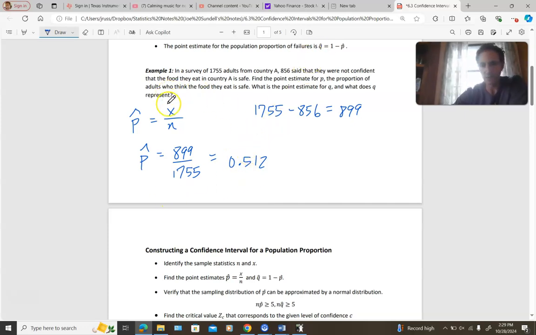You could say that, based on this sample, 51.2% of people from this country think that the food is safe. Now we know this is not the true percentage, but we could use this to figure out a confidence interval. We could build a confidence interval, okay, once we calculated the margin of error for where the actual proportion or percentage of the population thinks the food in this country is safe actually lies.